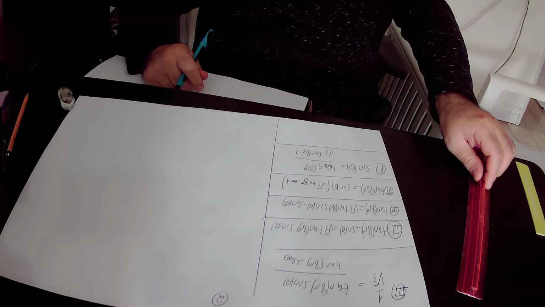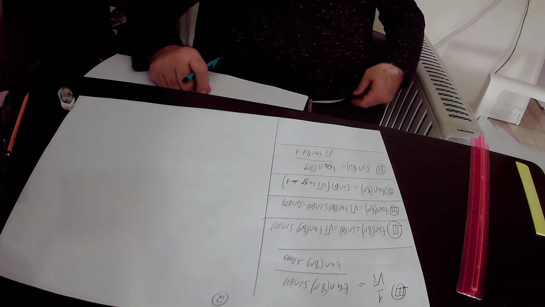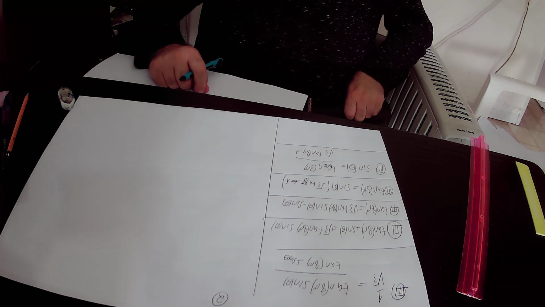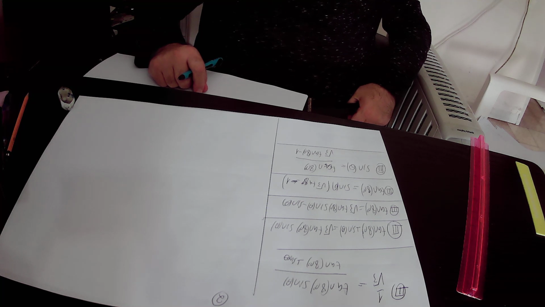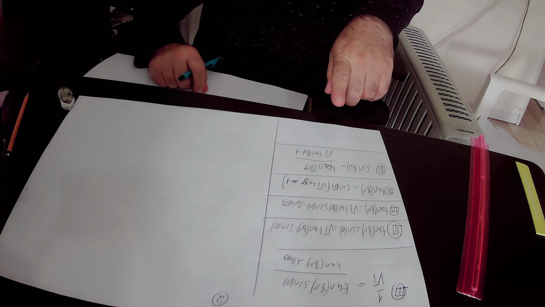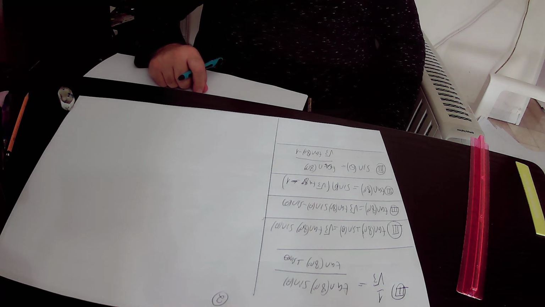We know that tangent 80 degrees is sinus 80 degrees over cosinus 80 degrees, so we'll substitute tangent 80 degrees in equation number 3 by sinus 80 degrees over cosine 80 degrees.